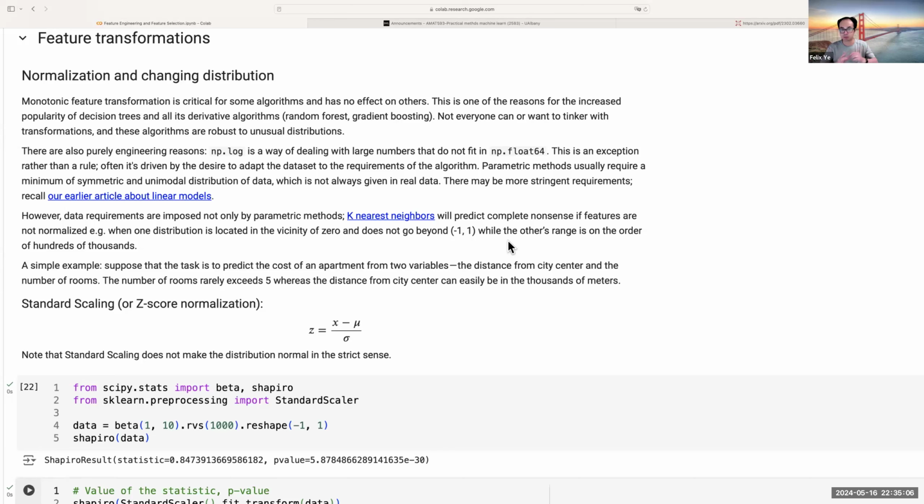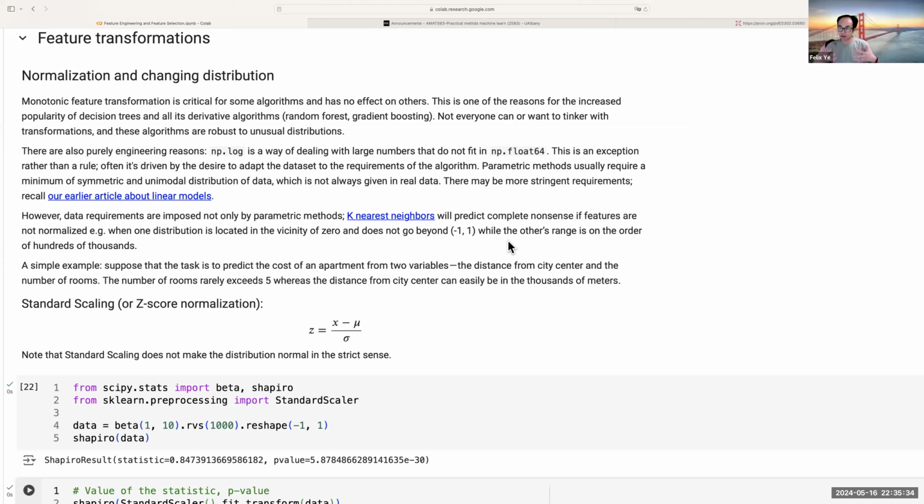If we measure the Euclidean distance between two points, the other dimension will dominate significantly, and basically we are getting rid of the first dimension. So if we don't normalize those features or dimensions, k nearest neighbors will give you garbage. That's why feature transformation is very important.